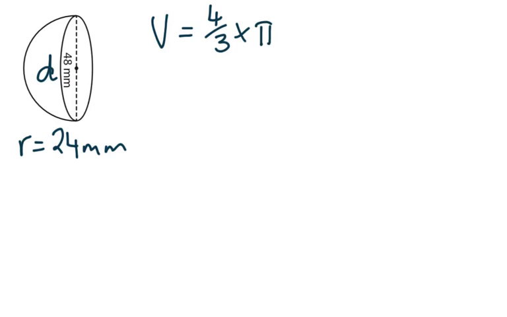And just for our hemisphere, now with our hemisphere, we've been given the diameter, so straight away we need to work out the radius, which would be 24 millimeters. And now we can start, so I'll just label that diameter so we remember. Then the volume would be 4/3 times pi times 24 cubed.